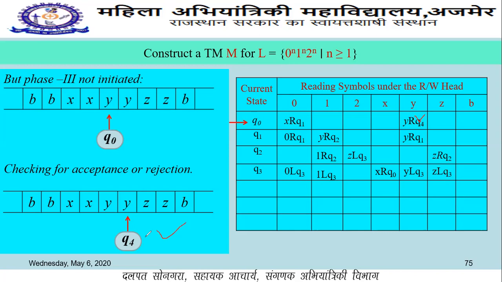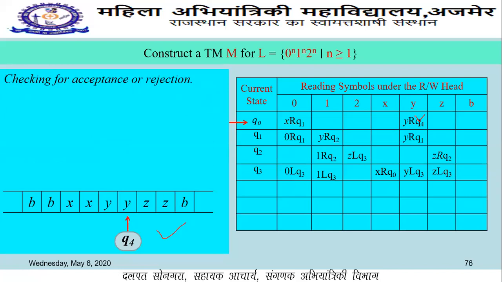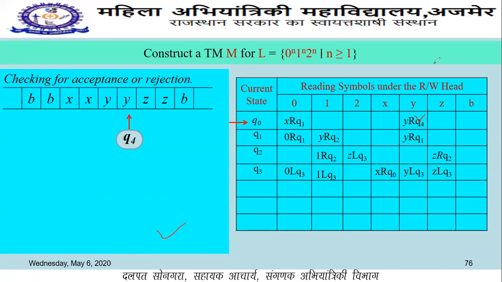So we just pass this y by y, and for this we have to write another transition function at state q4, that is y. When we read y at q4, we move to state q4 again and just pass this y. When we apply this transition function at this instantaneous description, we get the next transition sequence like this.